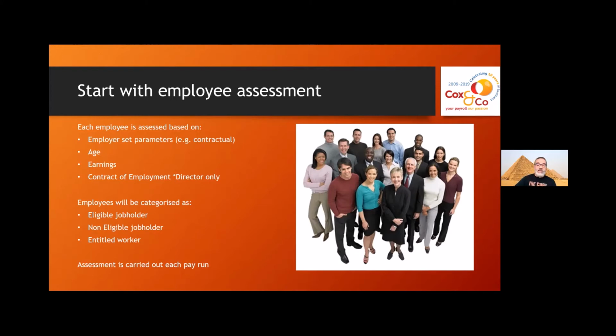And basically, once they've hit the high point, so once they've become an eligible job holder, you don't need to reassess them. If they're an entitled worker, you need to keep assessing them. If they get to non-eligible job holder, a different set of obligations kicks in. And if a non-eligible job holder subsequently becomes an eligible job holder, again, new obligations, new duties, and we need to administer those.